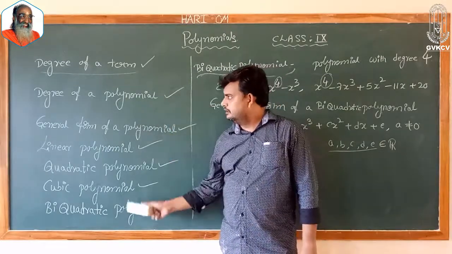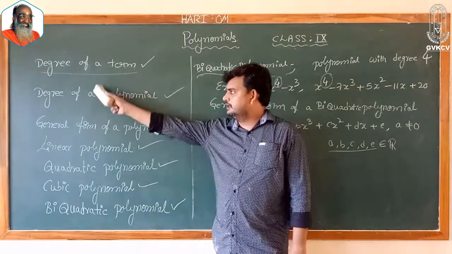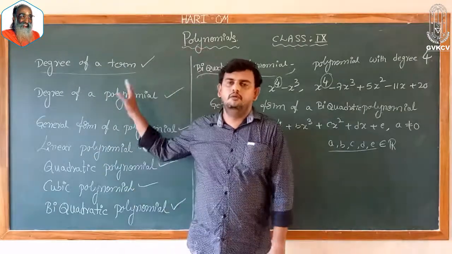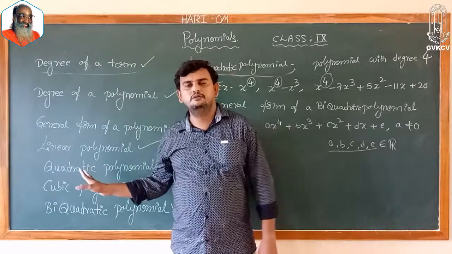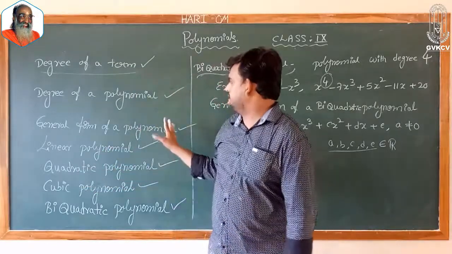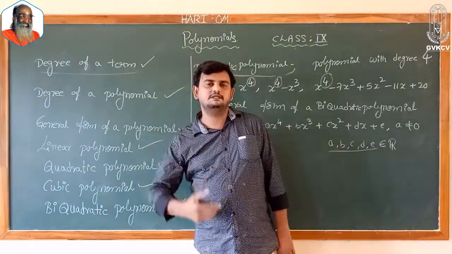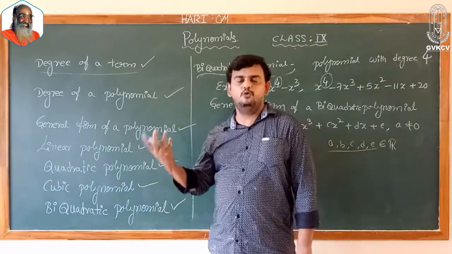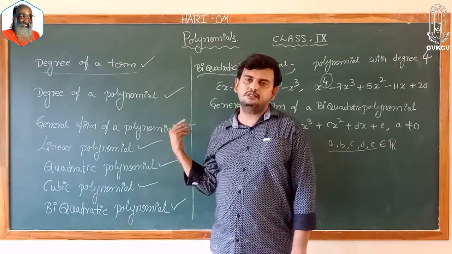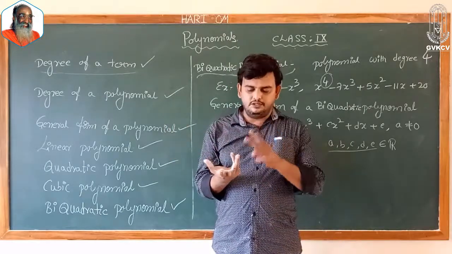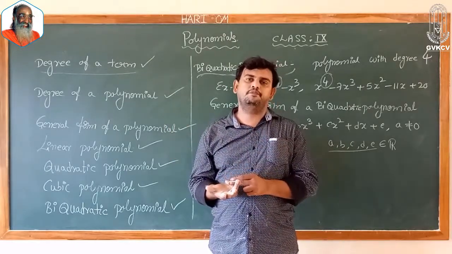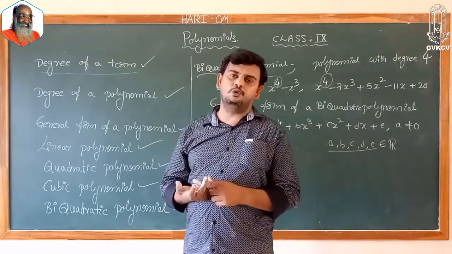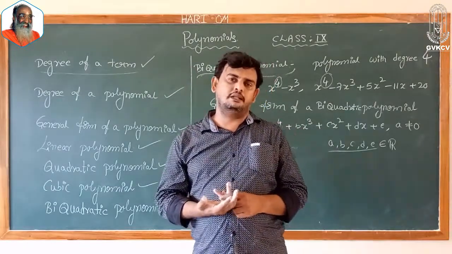This is about our concept related to the degrees of a polynomial. So with these concepts we stop our class. In our next class we will discuss a few concepts related to polynomials: the zeros of a polynomial, how to find the zeros of a polynomial, and how many zeros a polynomial can have.